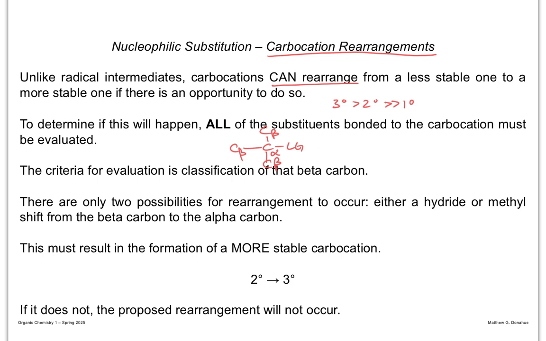So once the leaving group leaves, it generates a carbocation and you classify it. Then you say, is that the most stable carbocation that can form, yes or no? If yes, then the substitution is going to proceed as normal. If not, you have to look at those beta carbons, and then 2 types of rearrangements can occur, and we'll look at those today.